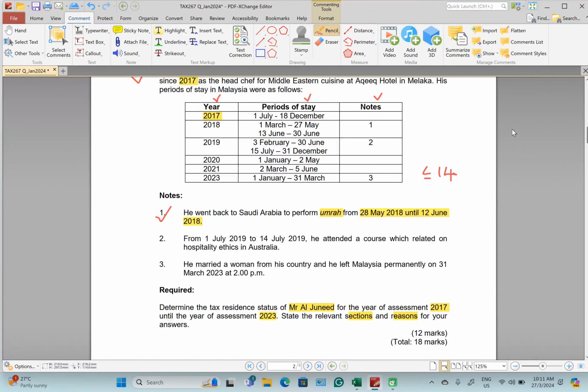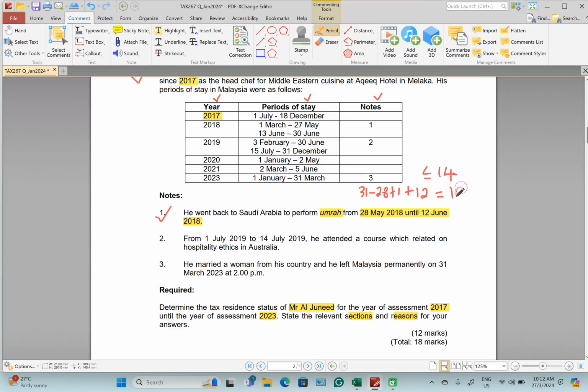So let us compute 28 May until 12 June. How many days? For example, May 31 minus 28, don't forget the plus 1, and then June 12 days. I got 31 minus 28 plus 1 plus 12, which is 16 days.